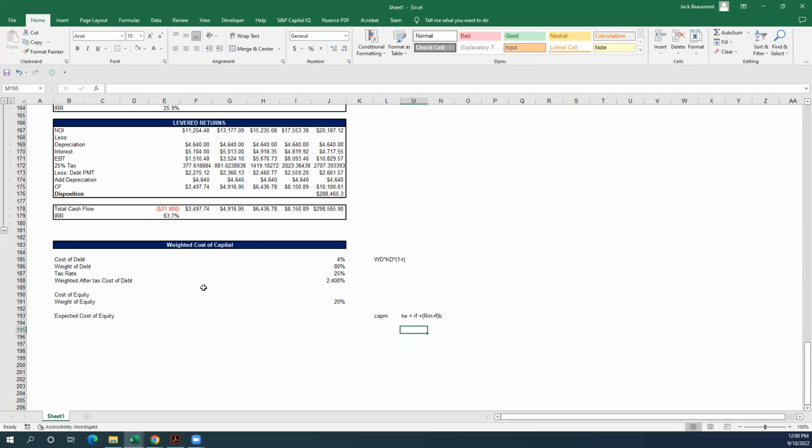Now, another thing I should talk about is the order of who gets paid first. So debt holders get paid. That's the priority rule. Okay, so debt holders get paid before equity holders.